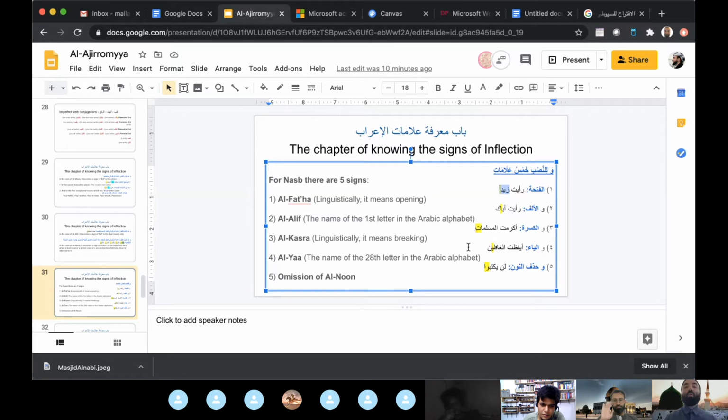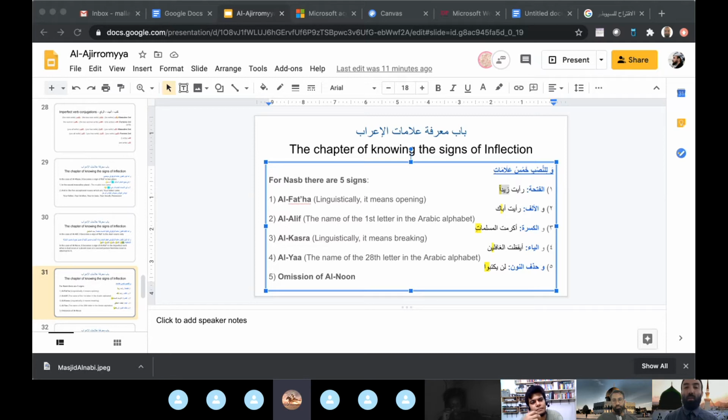Okay. Who knows what a zalim is? Zalim in Arabic. I think qatil is a killer and the zalim is an oppressor. Exactly. Good one, barakallah. So qatil is a killer, and al-zalim is the oppressor.